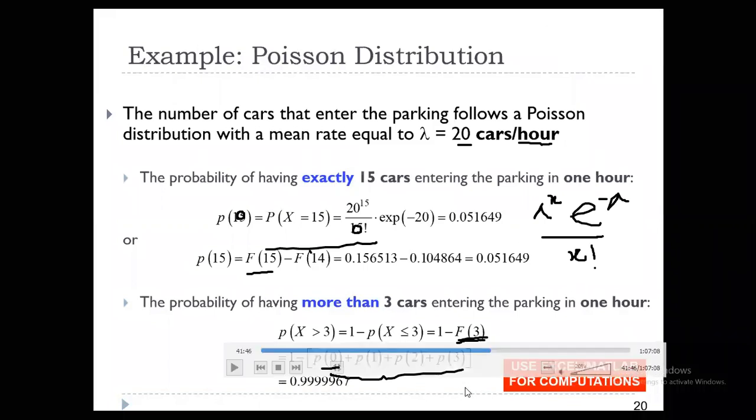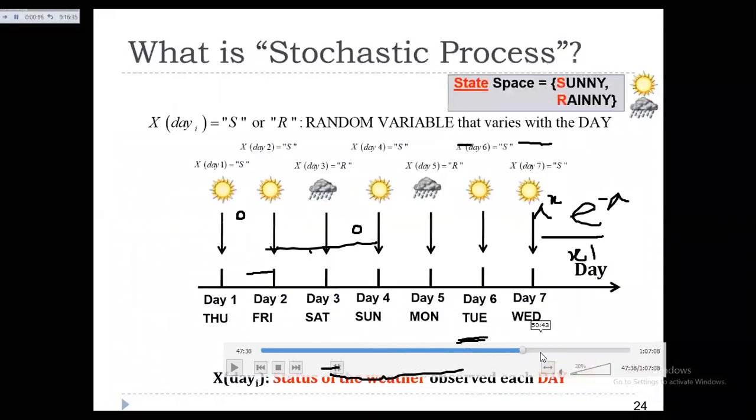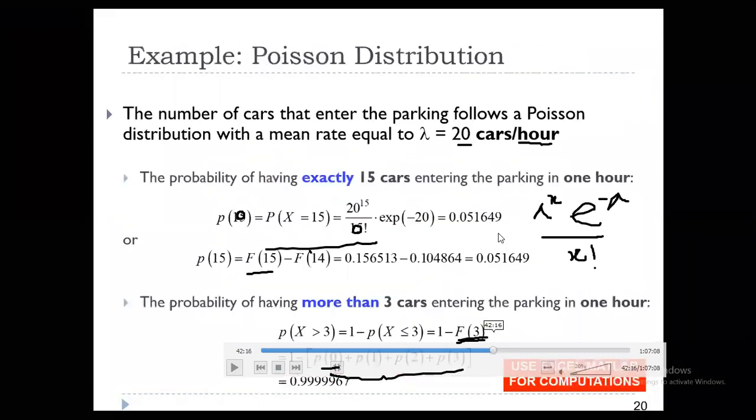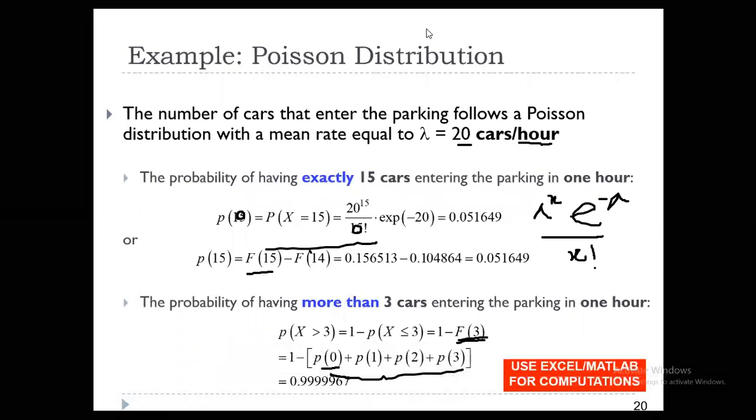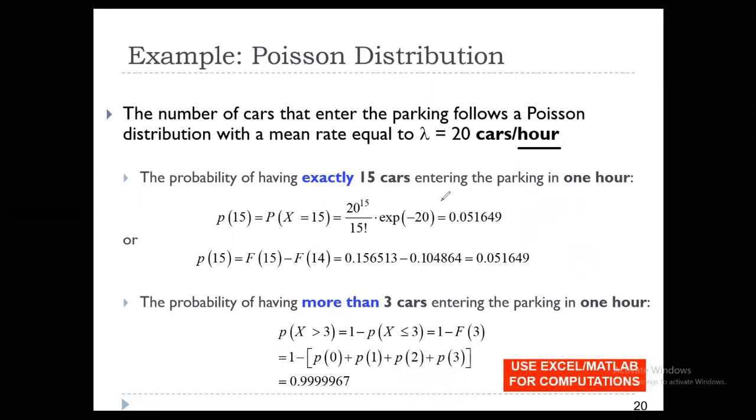So the next thing we have to take note of is in the case where your Poisson process is defined. For example, you were given the rate for an hour, but you are told to find the probability of having exactly 15 cars entering the park in 2 hours.